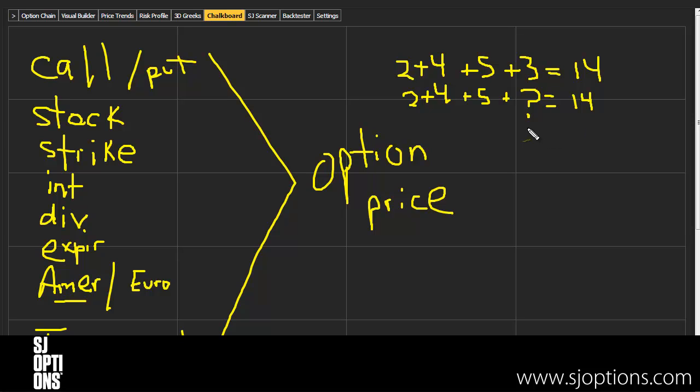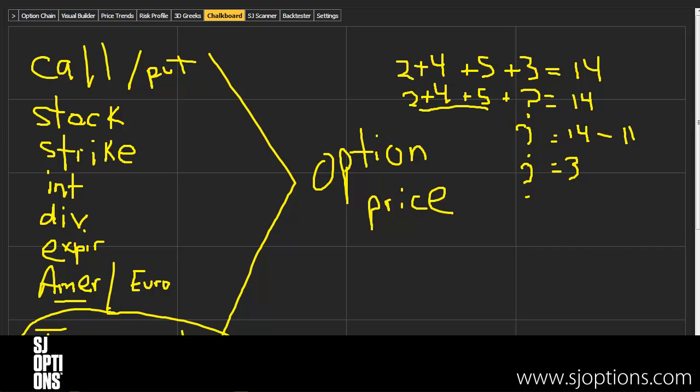Okay? So then we just bring everything over to the other side and say 14 minus what these add up to. And so we know that the question mark is 3. And that's the same thing we do here to figure out implied volatility.